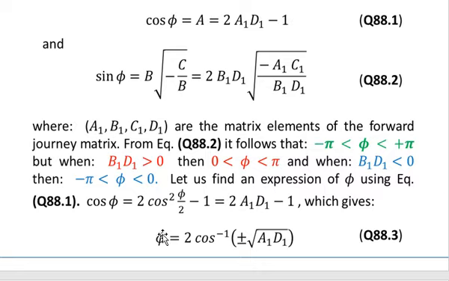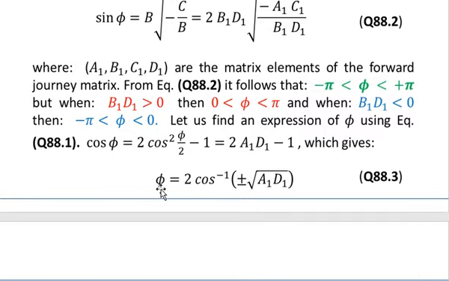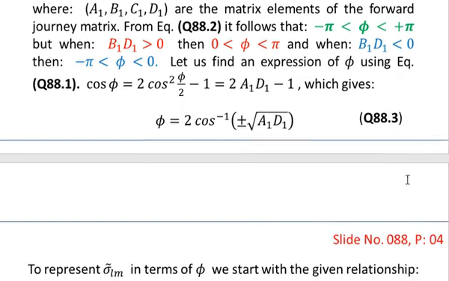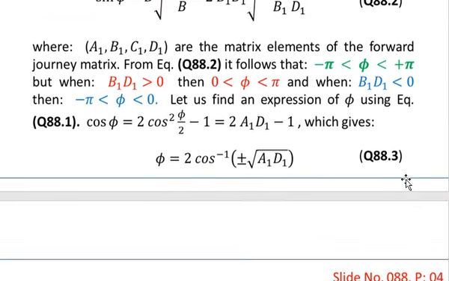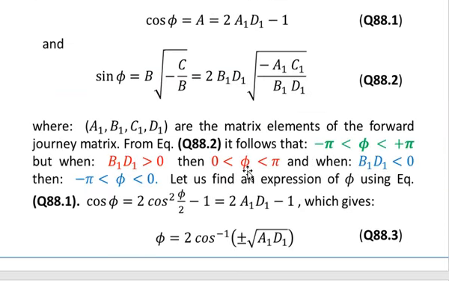And from here you can find out the value of phi, which is equal to 2 times cos inverse of plus minus the square root of A1 D1, as shown in equation number 3. So we have discussed the ranges of phi for different values of B1 and D1, and we have also given an expression in equation number 3 for the value of phi.